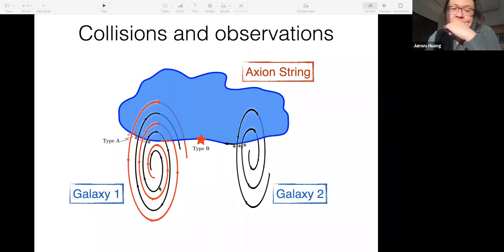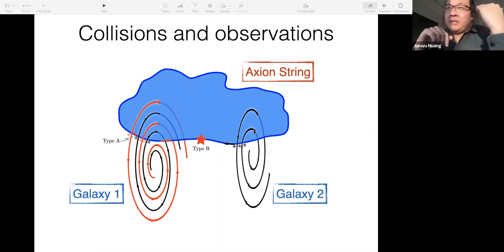As a result, when the axion string passes through, one of them is going to charge the string with positive charge, and the other is going to charge it with negative charge. Of course, these two sections are not going to stay charged, because the plasma is going to quickly neutralize that. And now you have two blobs of plasma moving along the string.